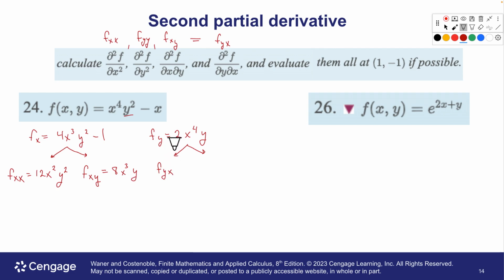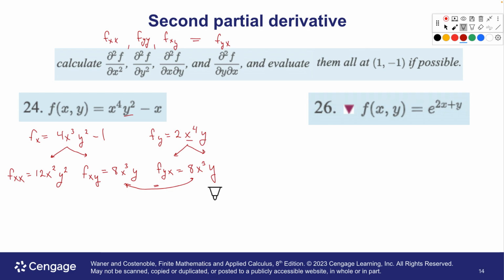So when we take the derivative with respect to x, we've got x to the fourth, the 4 times 2 is 8. Subtract 1 from the exponent, that's going to give us x to the third. And y is a constant, so it tags along for the ride. Notice that's exactly what we got here, that these two are equal. They will always be.